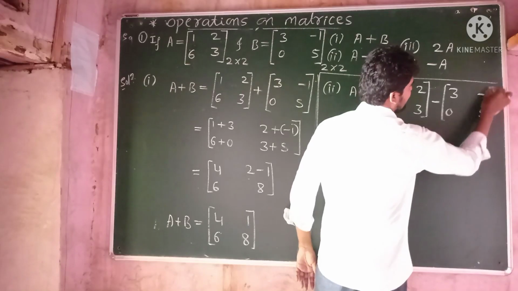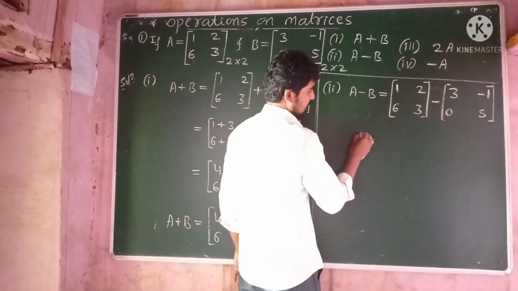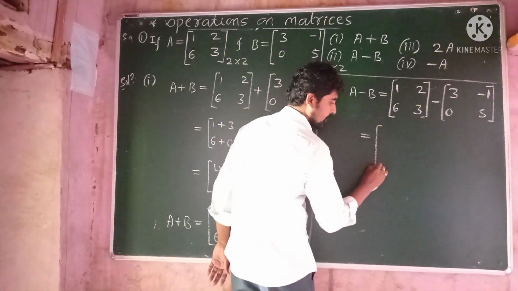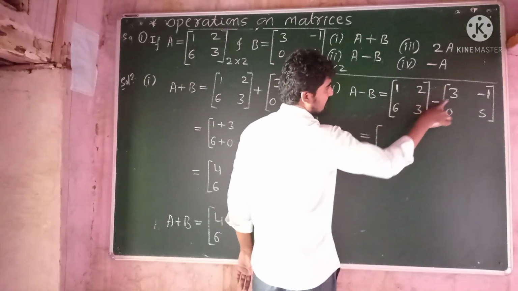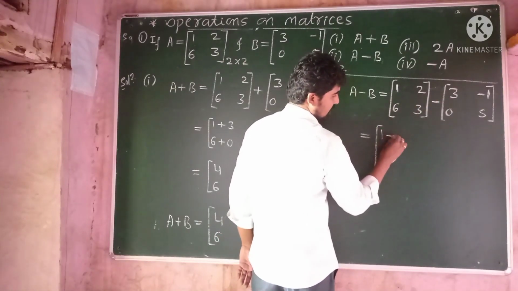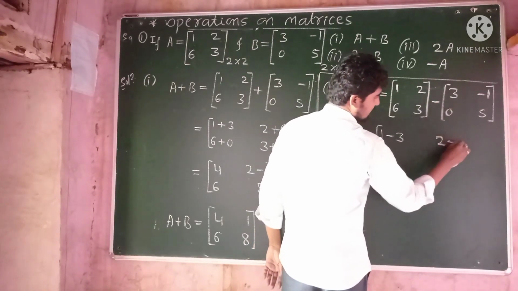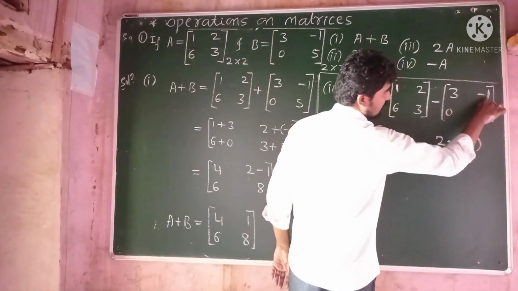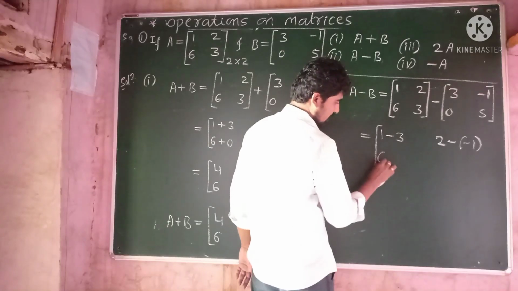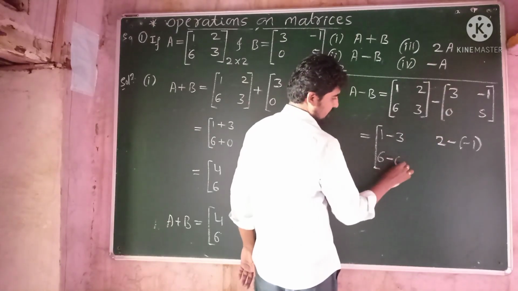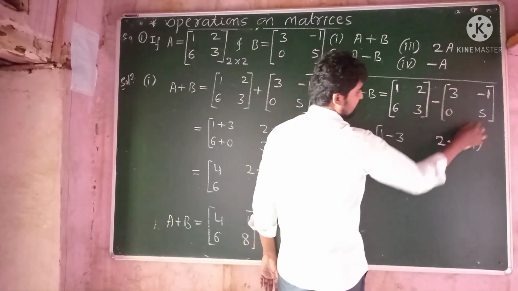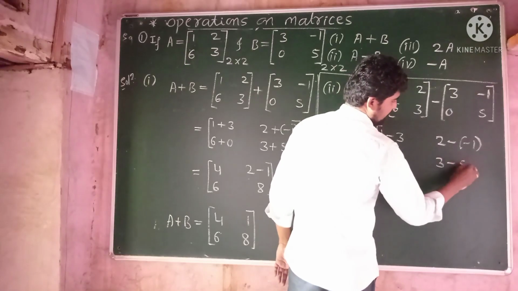So which is equal to, again same thing, 1 minus 3, 2 minus minus 1, next 6 minus 0, and next 3 minus 5.